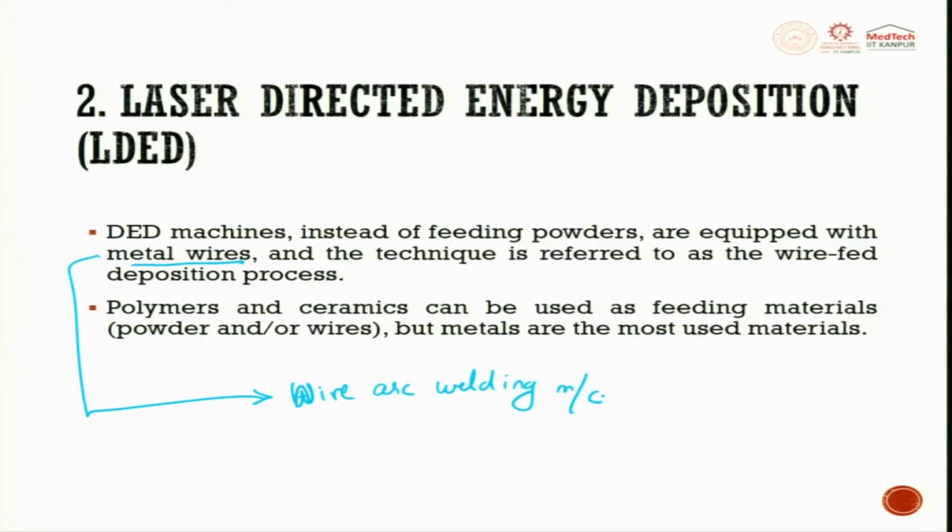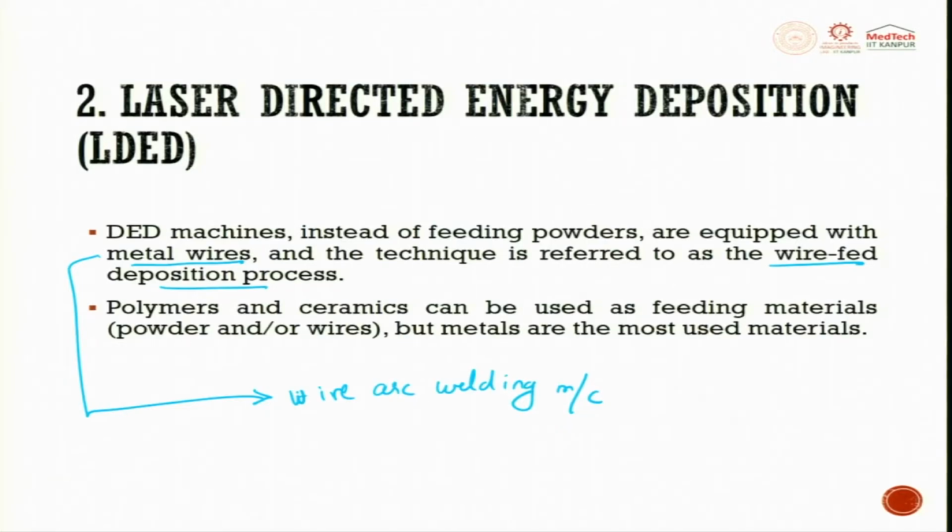In a wire arc welding machine, you have a wire which is continuously fed, so that you can start welding a very large area or develop a very good output. A metal wire is continuously fed and then it melts and grows into a 3D object, and the technique is referred to as the metal or wire arc feed deposition process.